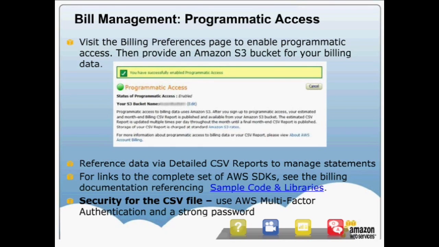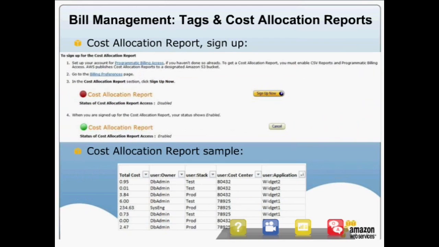And then the other thing, and you can see here in this slide, is how we tie what I just talked about into tagging. We have a user, which is owner. So we have a tag called owner. We have a tag called stack. We have a tag called cost center, and we have a tag called application. So you can have 10 tags for each of your services.